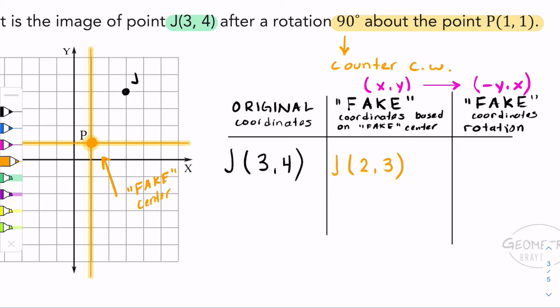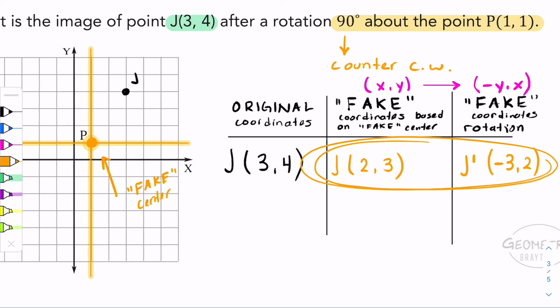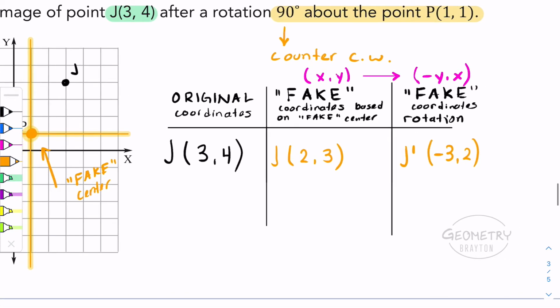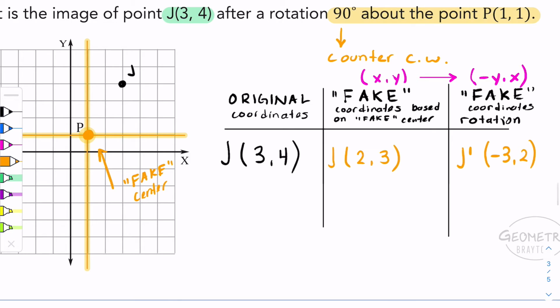So I am using my fake coordinates and I'm applying this transformation rule, which tells me that J prime is going to be at negative 3 comma 2. Again, I'm using my fake coordinates for these two columns. I applied the transformation rule to my fake coordinates.